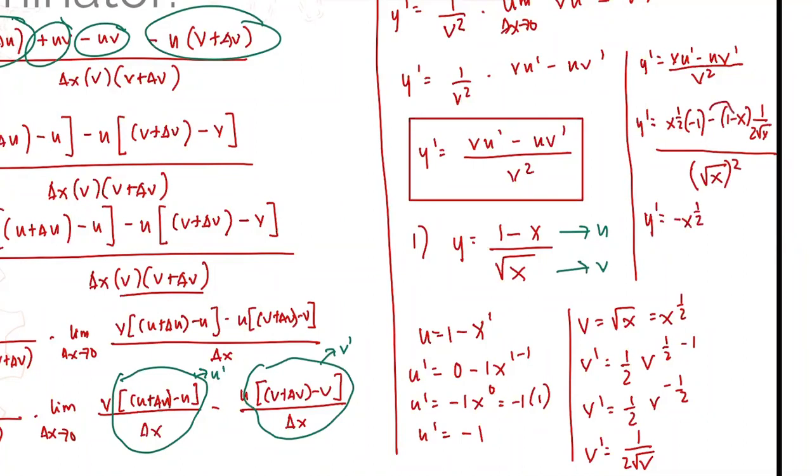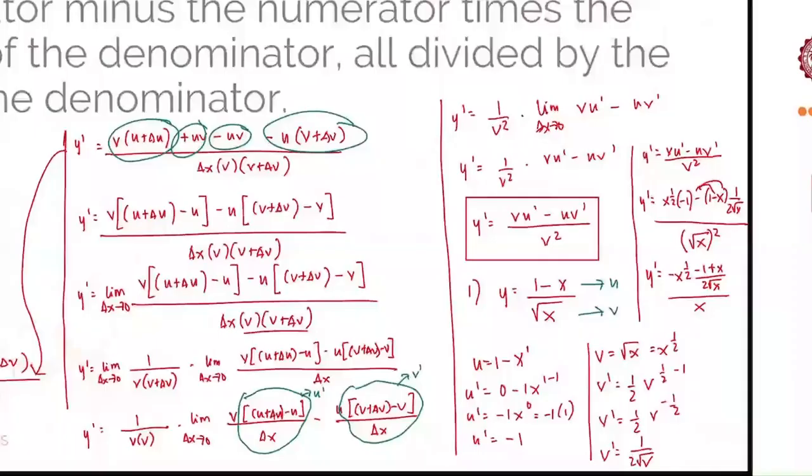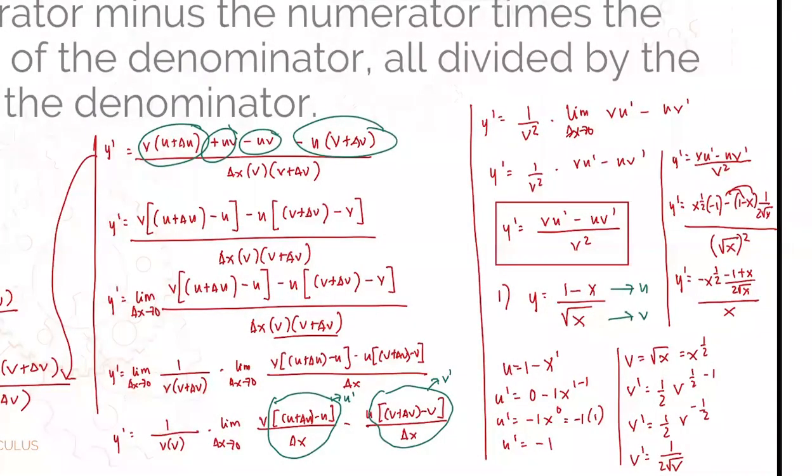Tapos distribute natin, magiging negative 1 plus x all over 2 square root of x, all over x. So maganda pala sa another sheet na lang 'to, no? Masyado tayong nagtitipid sa space.